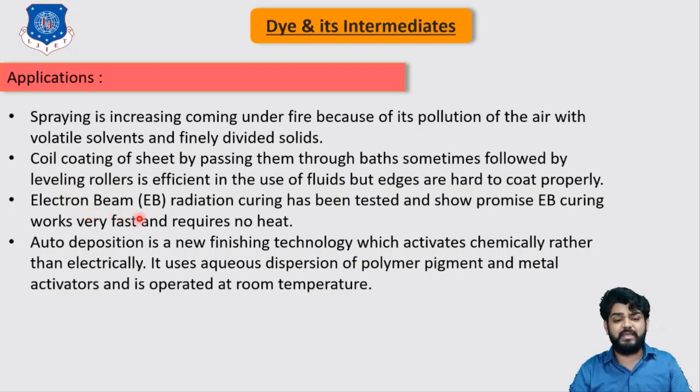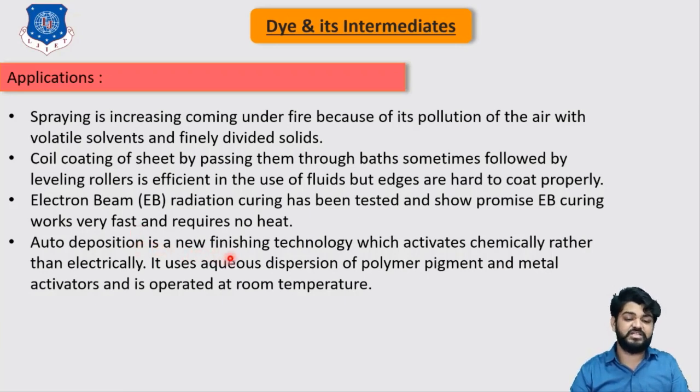Electron beam radiation is one more new technique for curing that has been tested, and it shows that electron beam radiation cure works very fast and requires no heat. So this particular method can be used for the curing of our paints.